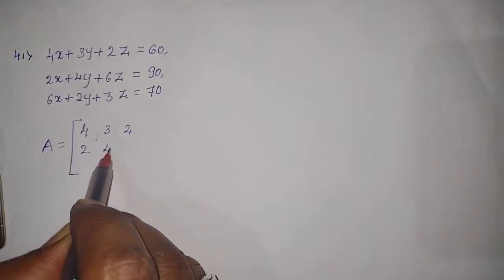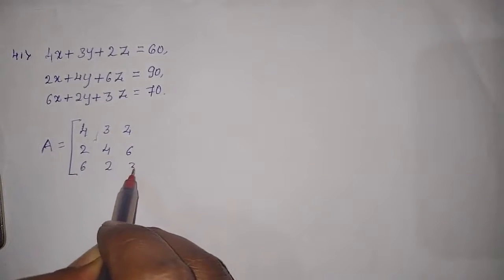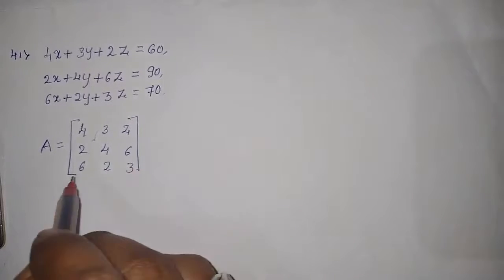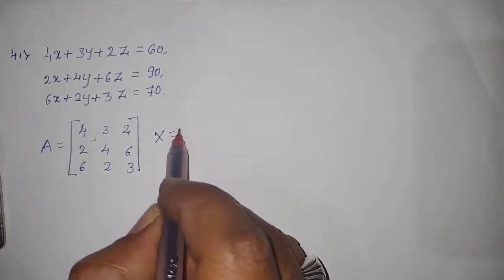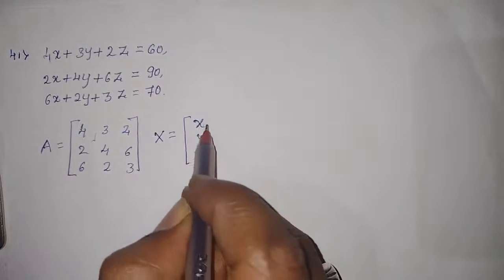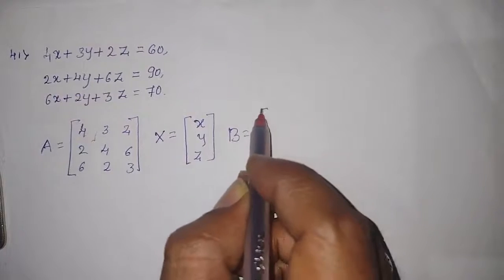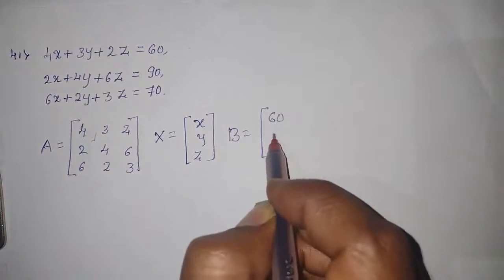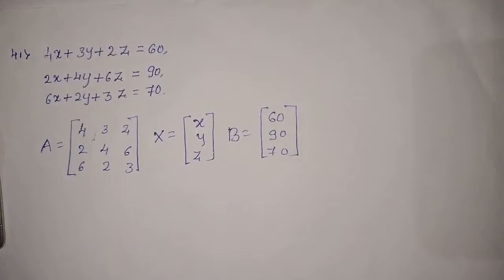The third is 6, 2 and 3. After constructing matrix A, next we separate the matrix X, which is x, y and z, and the matrix B, which is 60, 90 and 70.